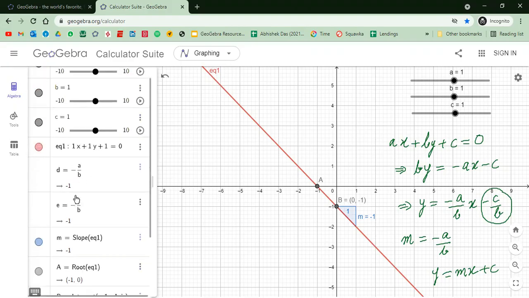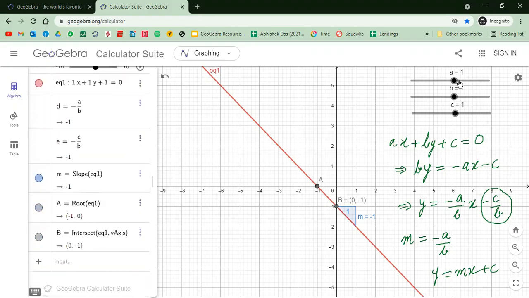Now, if I change this slider, check the value of d, and check the value of e. d is the slope, e is the y-intercept, and this d and e should be consistent with the slope given out here, m equal to minus 1 with d, and this y coordinate of b.